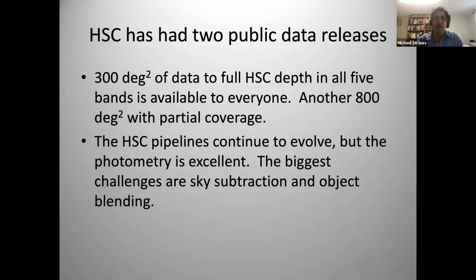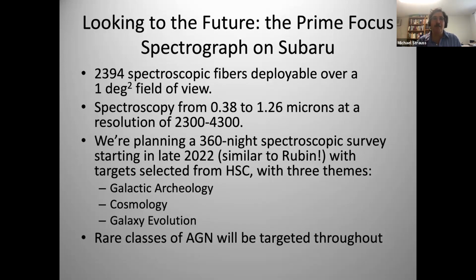So had I more time, let me just finish with this slide here: the Prime Focus Spectrograph on the Subaru is the next thing. There'll be a 1 square degree field of view with 2394 spectroscopic fibers, coverage from 0.38 to 1.26 microns in a single shot.